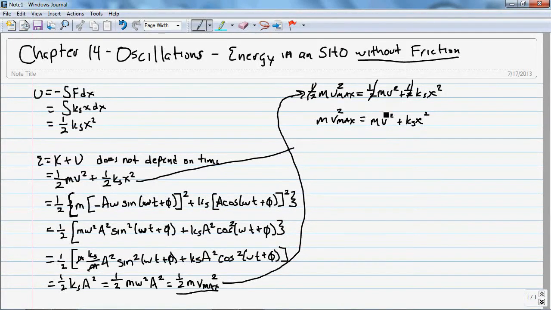Now I want to try to solve for V, so I'm going to have mass velocity squared equal to mass times V max squared minus K of the spring times x squared. And I can divide through by m.